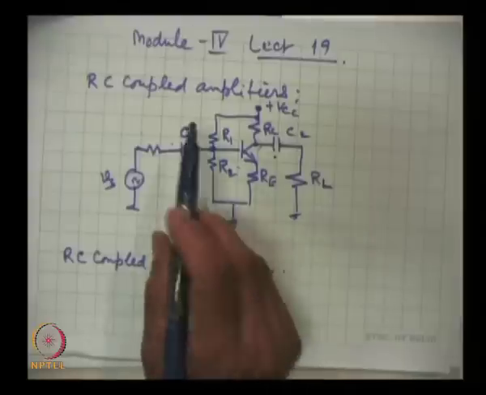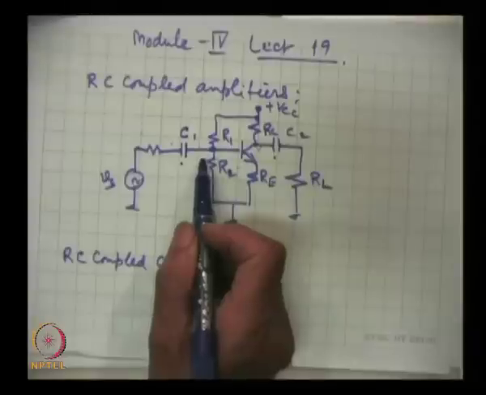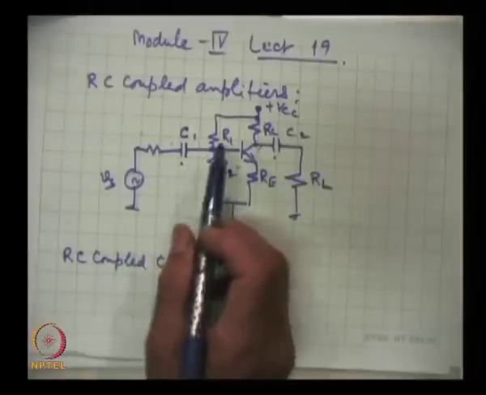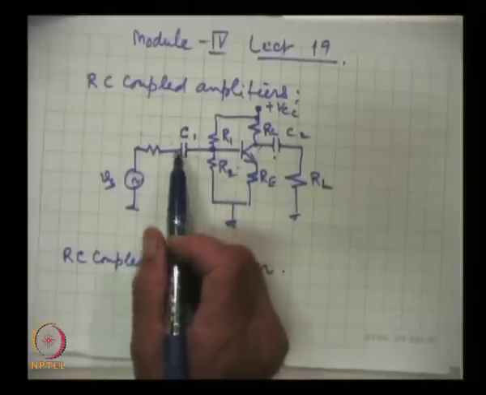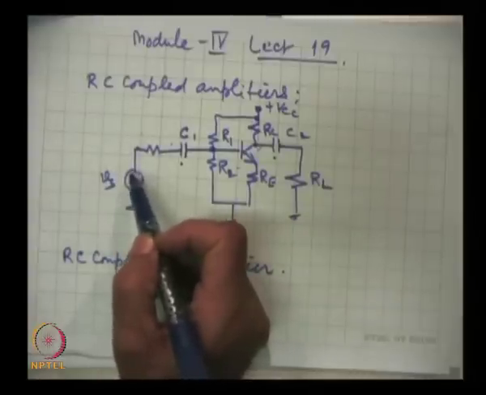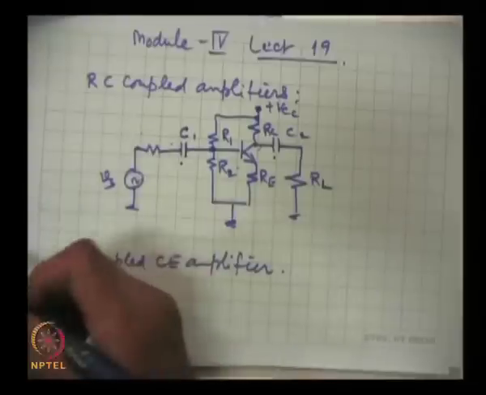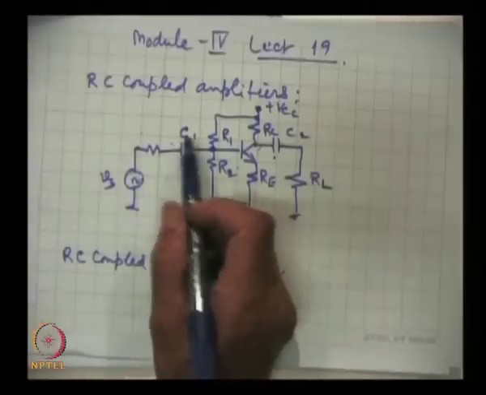Now, the coupling capacitor is doing two jobs here. One is that it is coupling the signal to the amplifier, which is what we want. The other is that any DC voltage from the source side, from the previous side of the circuit, is blocked completely.